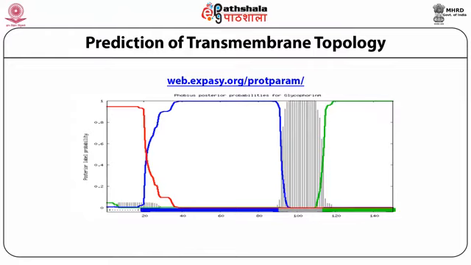For glycophorin A, Phobius predicted a signal peptide from 1 to 19 amino acids shown in red curve, followed by the extracellular, that is non-cytoplasmic domain from 20 to 91 amino acids shown in blue color, then continuing with a transmembrane domain from 92 to 114 amino acids shown in gray color, and finally ending up inside the red blood cell with the cytoplasmic domain from 115 to 150 amino acids shown in green color.